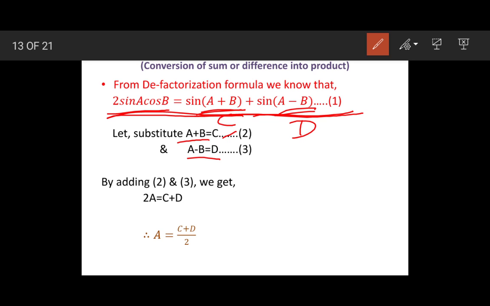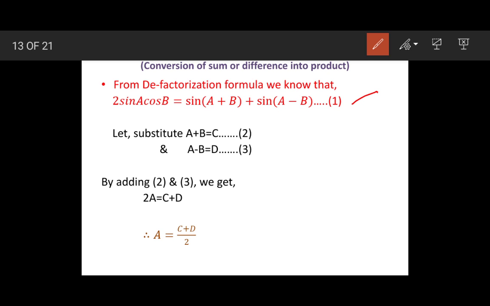So I have written the first defactorization formula, and in that I am substituting a plus b as c and a minus b as d. So what I will get is sin c plus sin d.